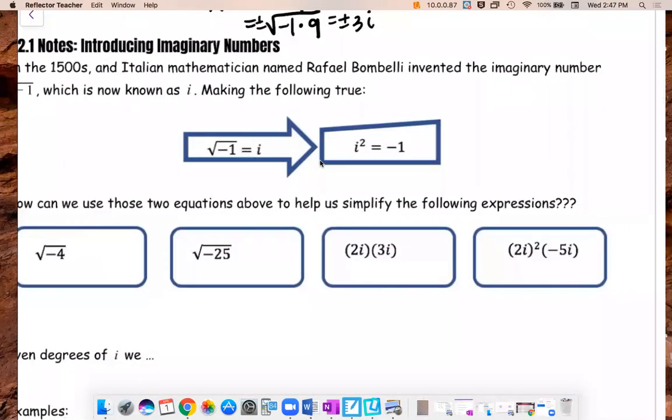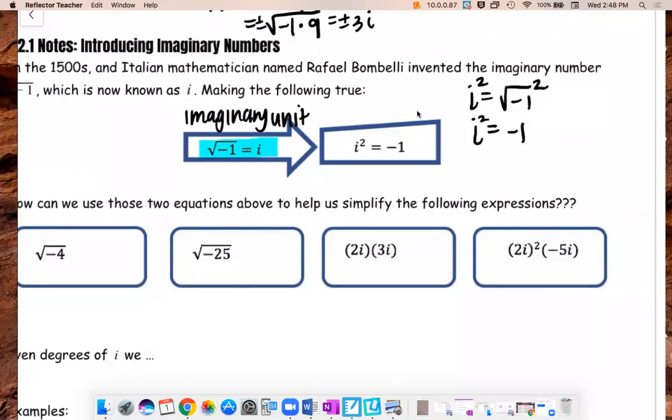These are really the two things you need to have memorized. You need to know that the square root of negative 1 equals i, which in this case is called the imaginary unit. Then if we do a little bit of algebra with this, let's say i is equal to the square root of negative 1. If I square both sides, my left side becomes i squared, and on my right side the square root and the squared cancel out, so I'm left with just negative 1.